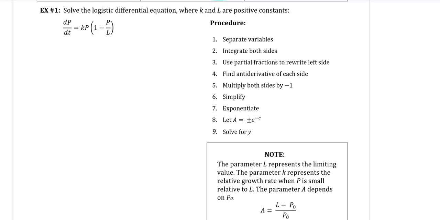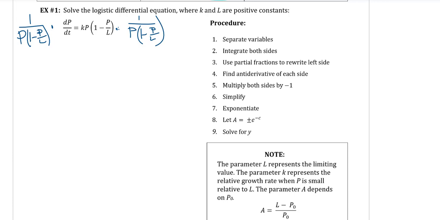So the first thing is to separate our variables. So we're going to go ahead and do that. If I distribute the p, I'm going to multiply both sides by 1 over p times this factor of 1 minus p over L. I'm going to do that on both sides. And of course I'm going to switch my dt to the other side.